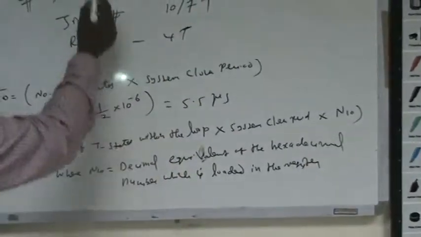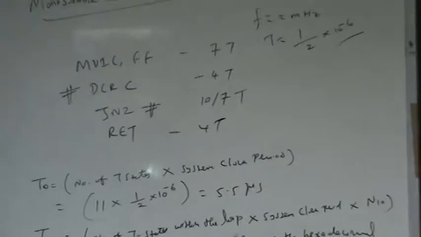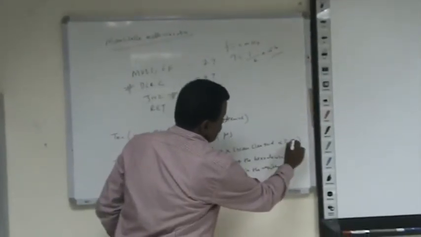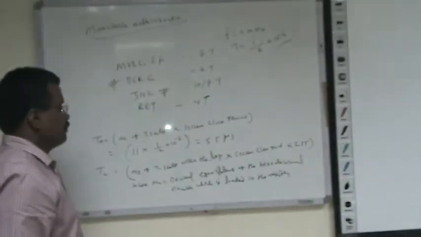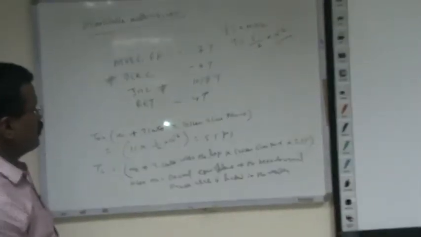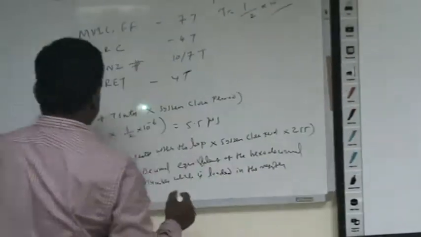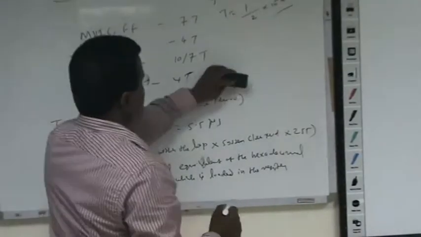In this case, what is the value of FF? If you calculate FF in decimal, it is 255. That is, the N10 value is 255. So how to calculate? 4 plus 10 is 14. 14, I will write here.